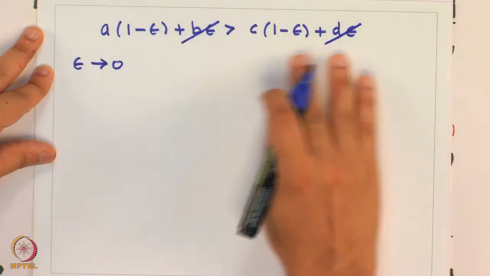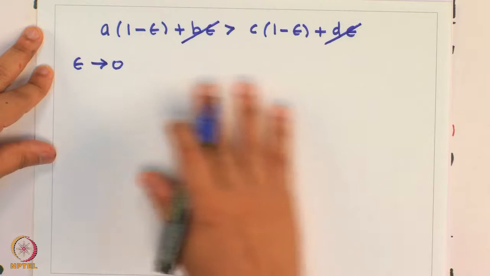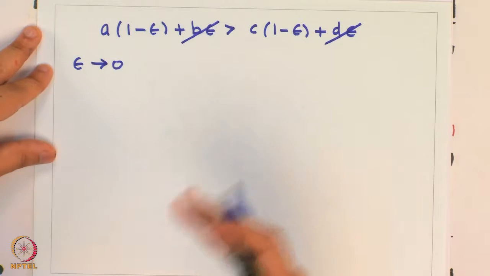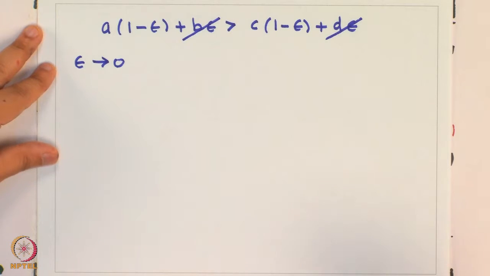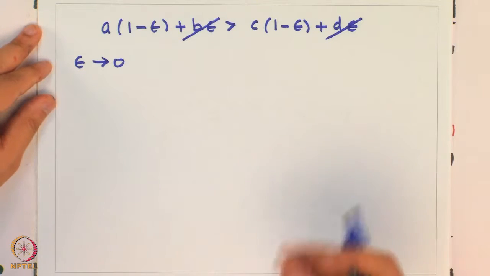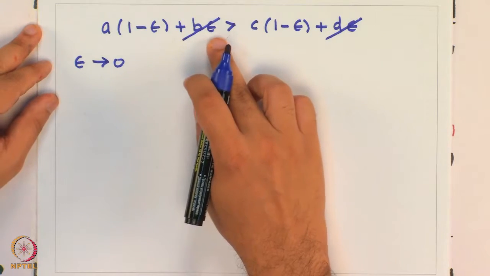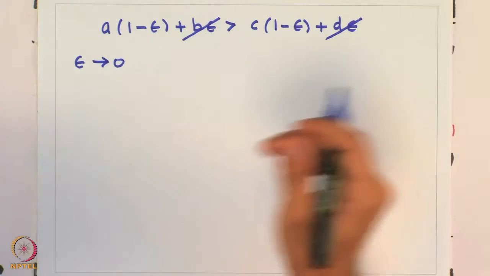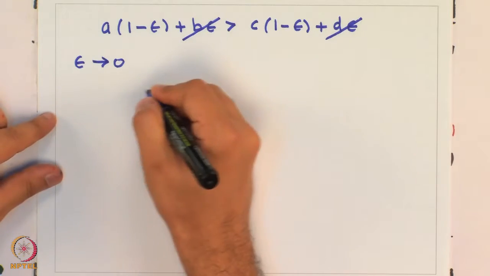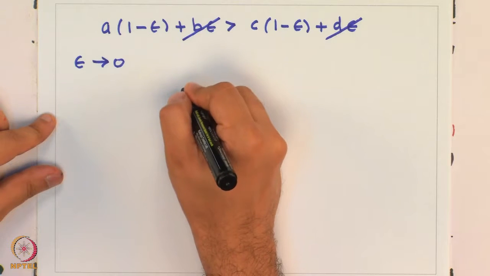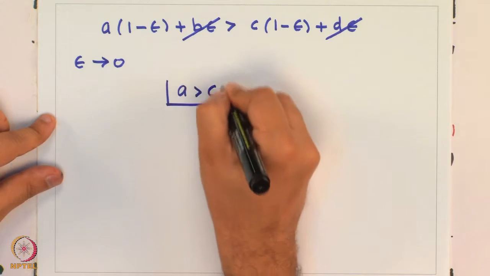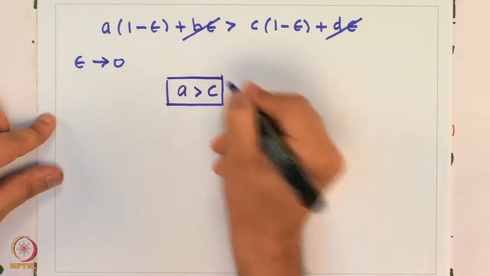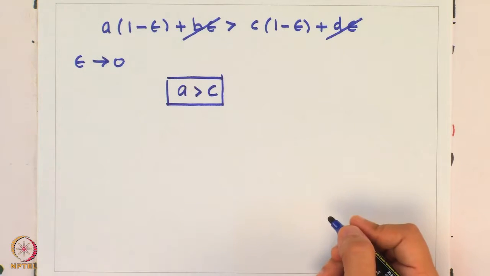Their relative contribution is negligible, because typically in a bacterial environment n is of the order of 10 to the power 6, 7, 8, 9, and one mutant individual's contribution towards this epsilon is going to be very, very small. If that is the case, then the condition for A to be ESS is just A bigger than C. That is the condition such that A is an ESS.